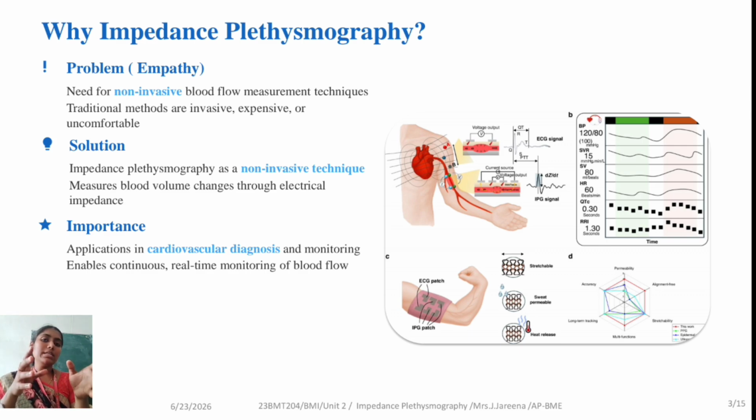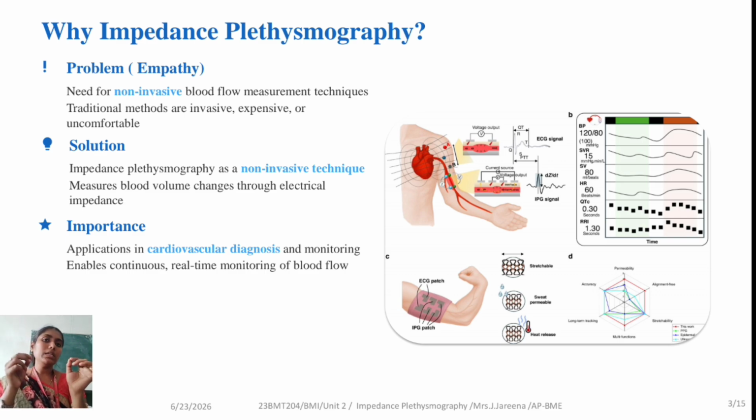So the problem statement is that there is a need for non-invasive blood flow measurement techniques to record the blood flow parameters of the patient, to help identify diseases based on blood flow. As a solution, the impedance plethysmographic technique was brought up, a non-invasive technique mainly used to measure blood volume changes through electrical impedance.